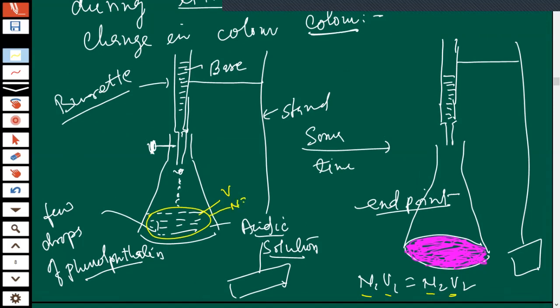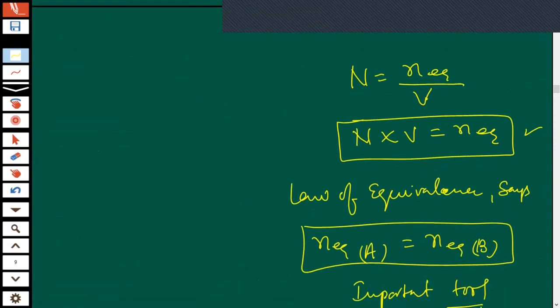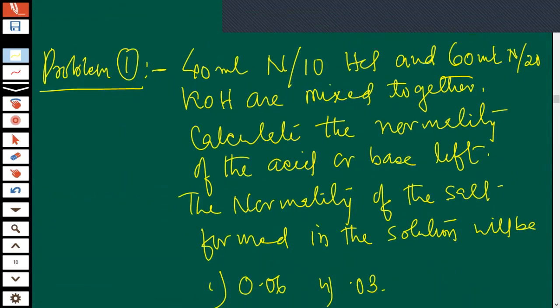but normality is not known to you. Normality you don't know, so we will keep it as N1 and V1. Volume is known. Suppose the volume is 10 milliliters. What was the question given to you?